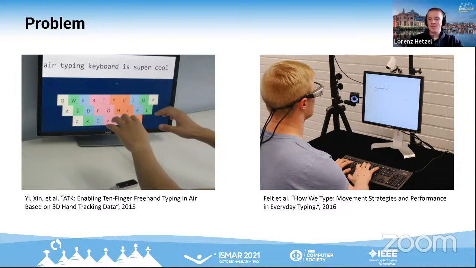What limits their applicability to novel input methods is that they require user data to be trained or to be calibrated. So what we are looking at is a system that does not rely on any pre-existing user data and instead relies on reinforcement learning.